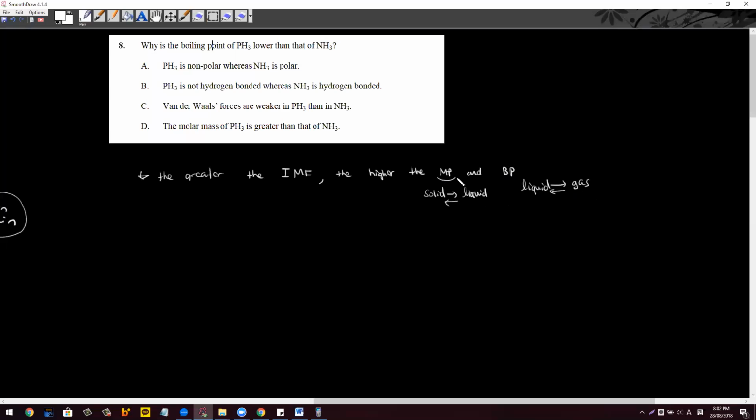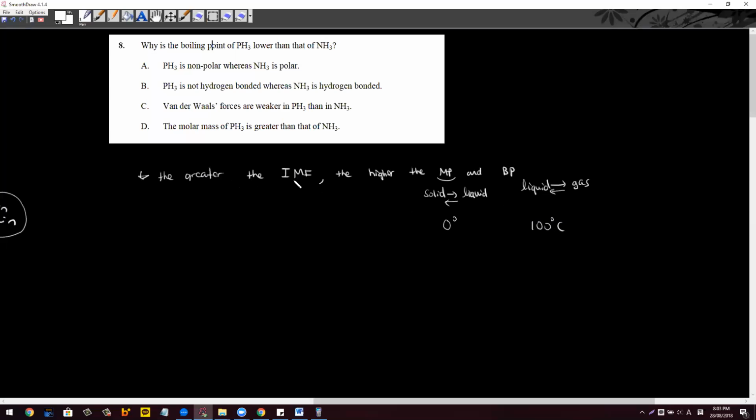For example, water, melting point is 0 degrees Celsius because water becomes ice at 0 degrees Celsius. It melts at 0 degrees Celsius. Boiling point is 100 degrees Celsius for water because water boils at 100 degrees Celsius, and vapor can become liquid water at 100 degrees Celsius. Okay.